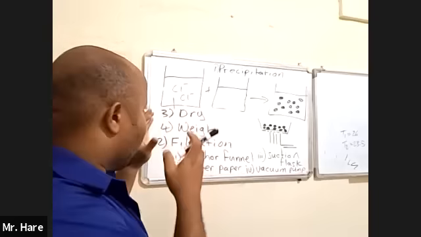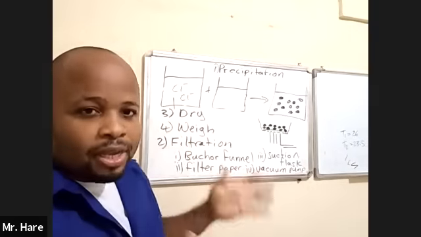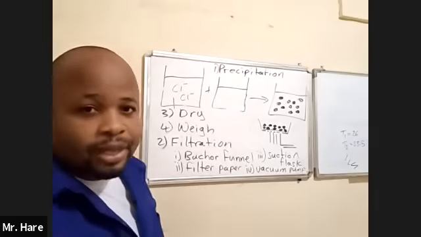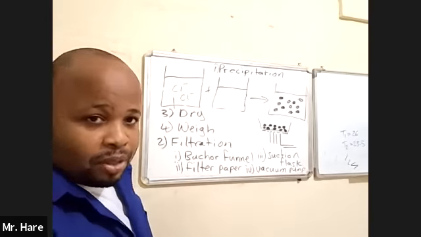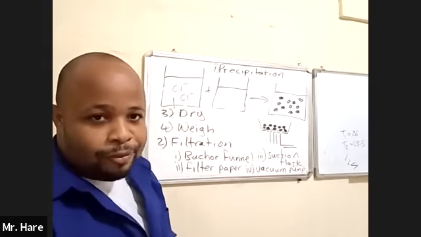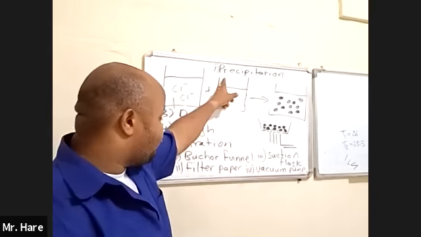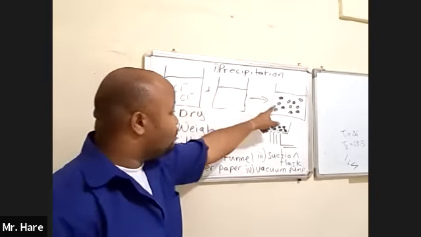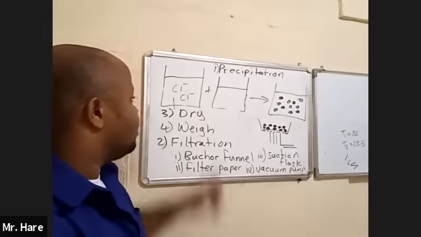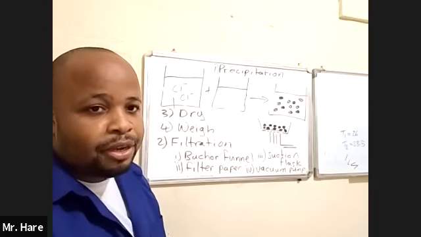So if it was a water sample, we would probably want to know the concentration of chloride ion or lead. So we need to convert the ions present to a solid form, a precipitate. So the first step is to convert it to a precipitate. That is precipitation.